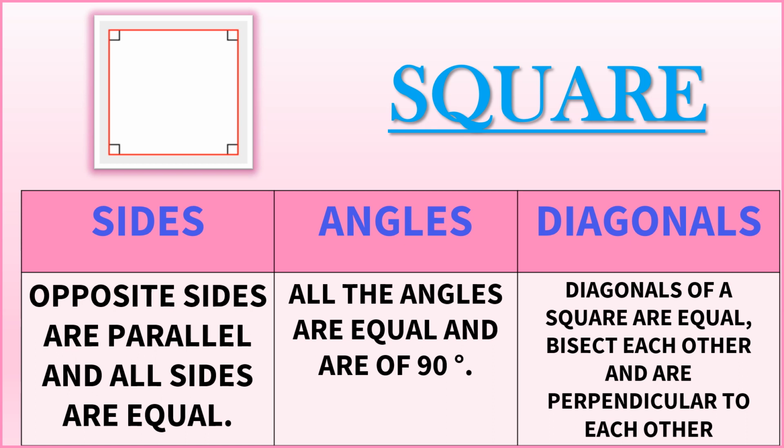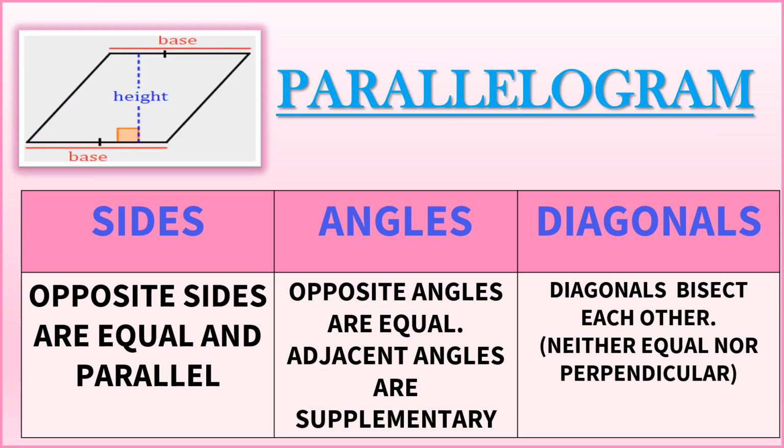Okay, let's move ahead to the next one. Next is the parallelogram. Now when we talk about a parallelogram and its sides, the opposite sides of a parallelogram are equal and parallel. See, only the opposite sides are equal and parallel. Like this will be equal to this. Okay, let me take another color. And this opposite side will be equal and parallel to this one.